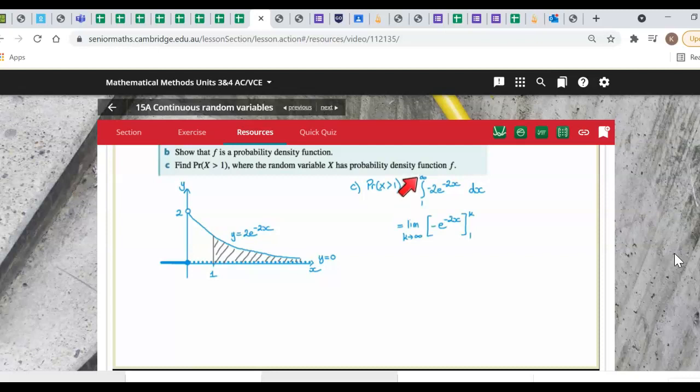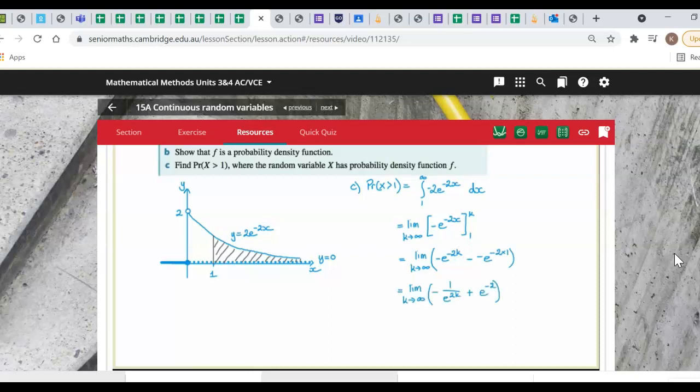Now, just like before, we cannot technically integrate between 1 and infinity. What we need to do is introduce the variable k, where k is a number that's approaching infinity. So we know from part B that the integral is equal to negative e to the negative 2x. Then we're going to substitute in k into this expression and substitute 1 into that expression.